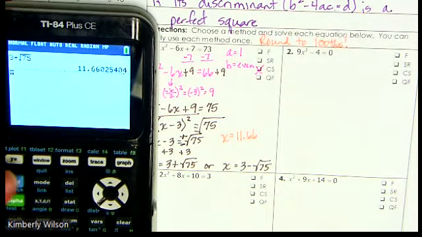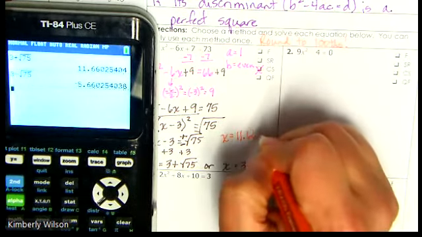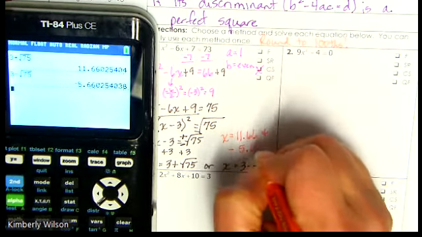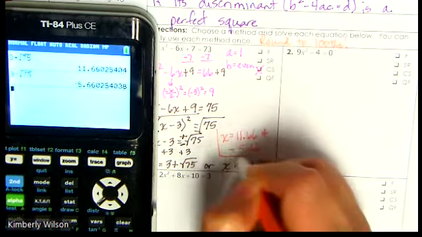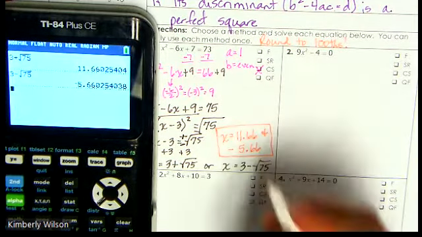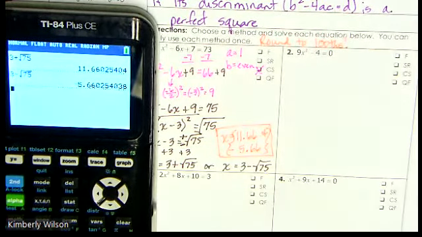I'm going to do second entry, so it rewrites the whole thing, arrow over and change this to minus, enter, and it's also equal to negative 5.66. So this is my solution. And actually, this belongs in curly brackets. Okay, completing the square is the one that's most intense, so we've got that one out of the way.